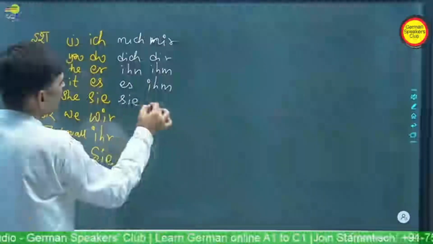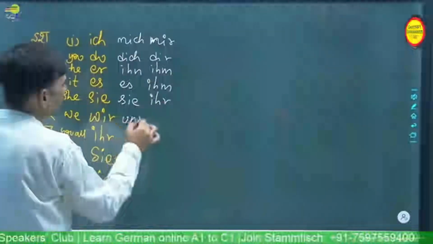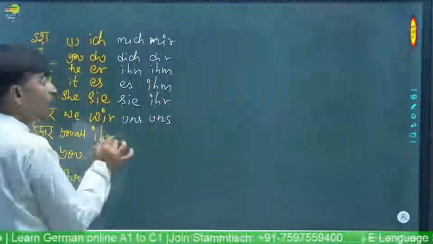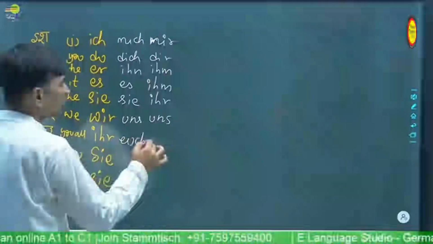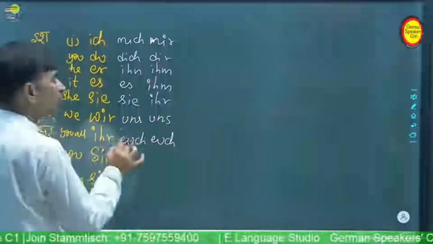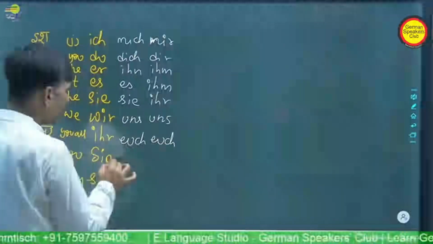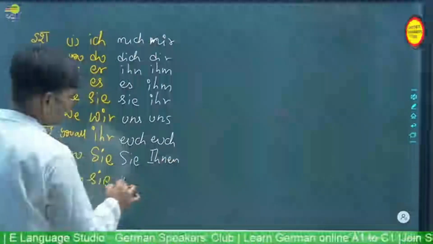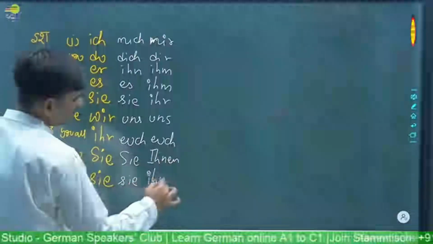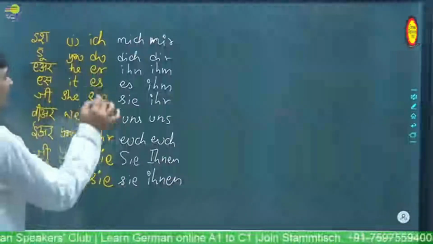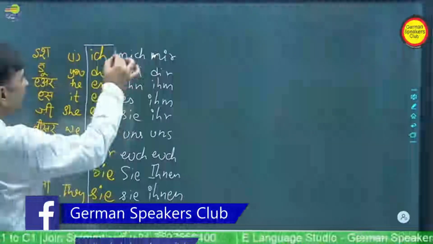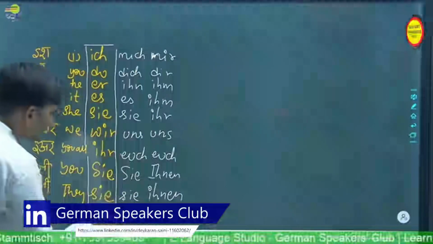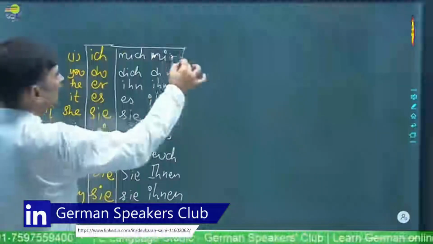And with these, whatever the conjugation is going to be, we'll write the table: ich, mich, mir. Then we have du, dich, dir. Er, ihn, ihm. Sie, sie, ihr. Es, es, ihm. Wir, uns. Ihr, euch. Sie, sie, ihnen. Sie, Sie, Ihnen. That's an exceptional thing.